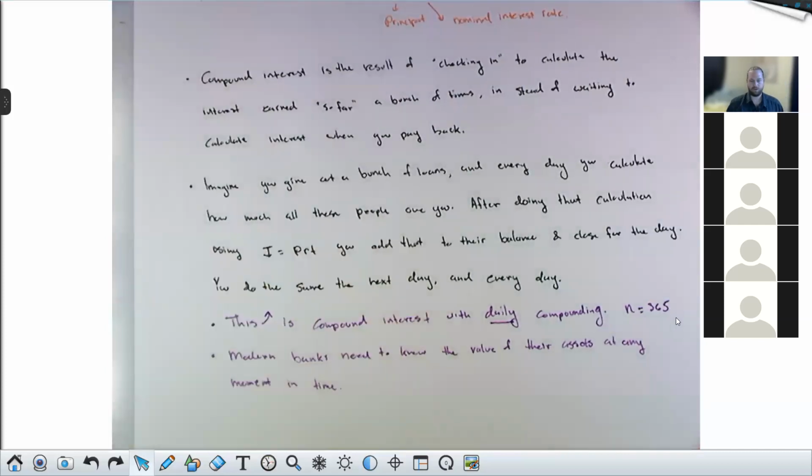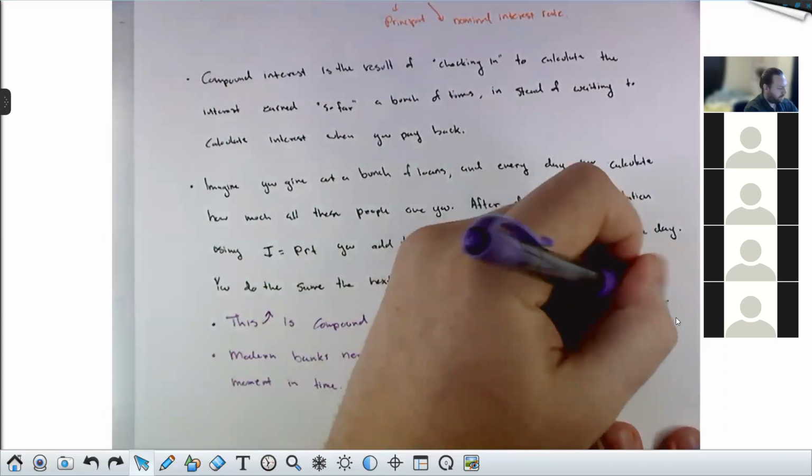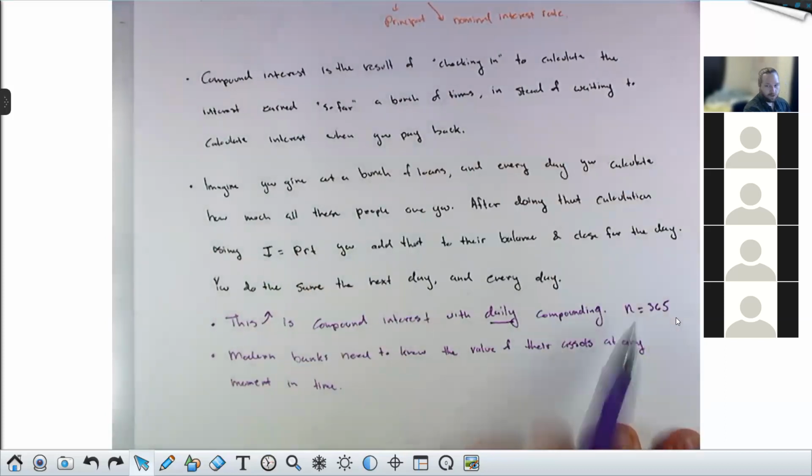That means I want to do this check-in, this compounding, this calculation, not just once per day or once per hour, once per minute. I want to do this continuously. So if you're checking in daily, n is 365.